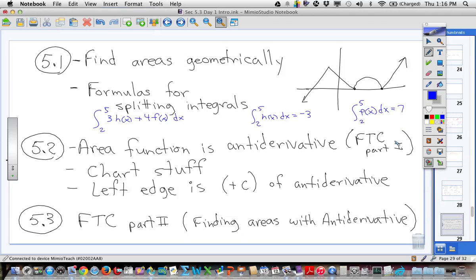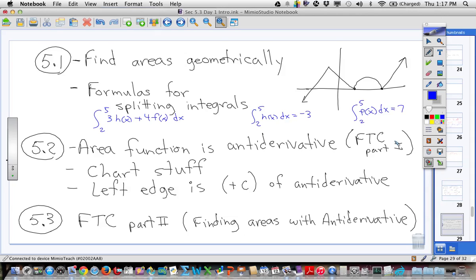And so you may still get a problem where you would want to take your integral and split it apart, and do that, and be able to use those. So that may come into play a little bit, okay? In a problem, something like that. So that's basically what we did in section 1. We were just learning about notation for finding areas.